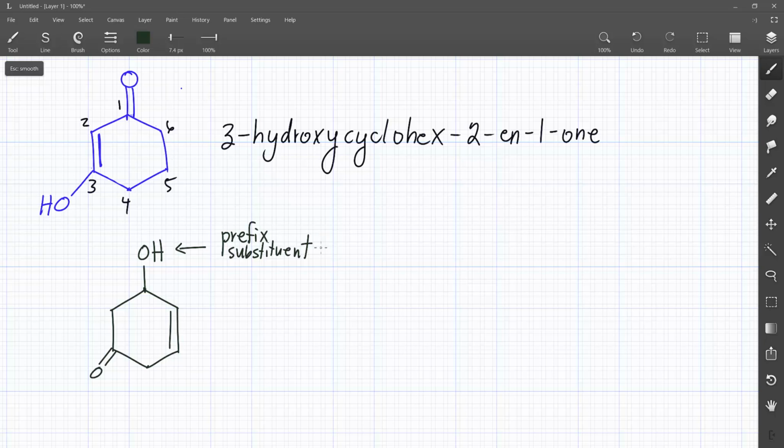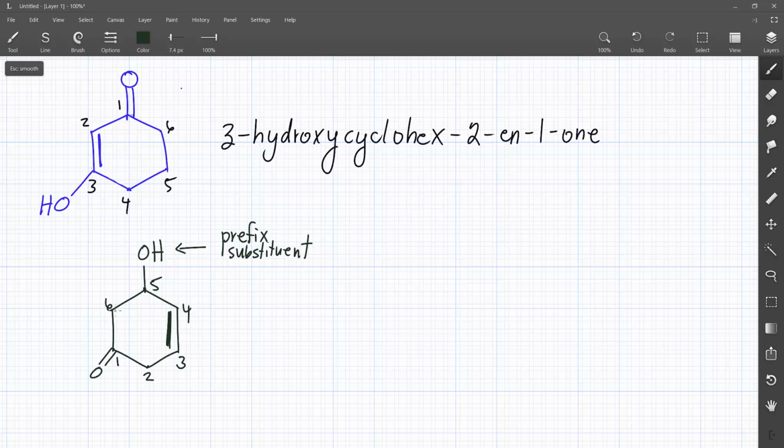Okay. So the correct order to number this in, to give this ketone and this double bond the lowest suffix endings, would be 1, 2, 3, 4, 5, 6.